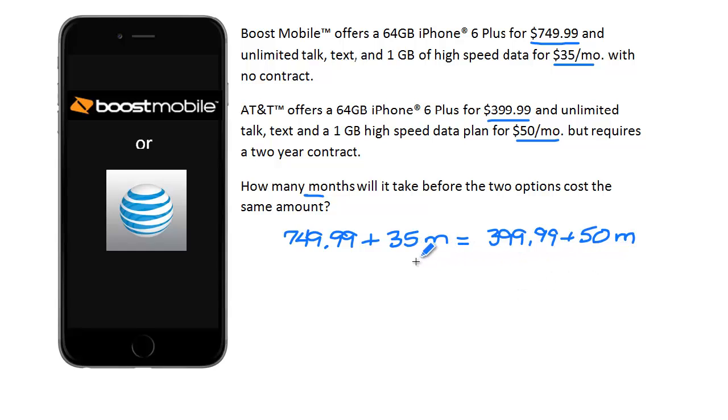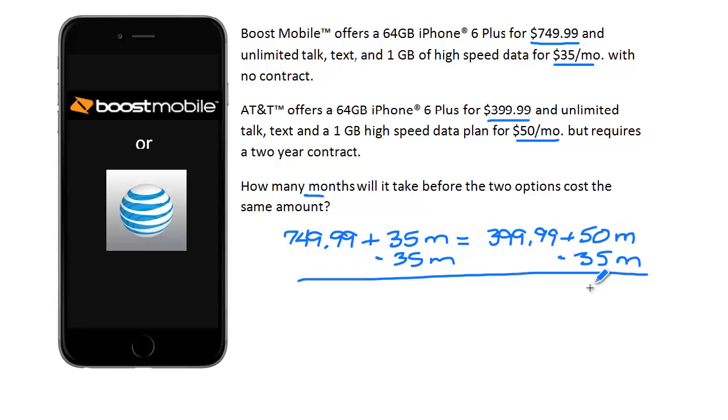The goal is to bring the variables to one side of the equation and the constants to the other side of the equation. And I prefer not to work with negative numbers, so I'm going to bring my 35m to the right-hand side of the equation by subtracting it from both sides. If you feel confident enough to subtract the $399.99 to bring it to the other side of the equation in the same step, that's perfectly fine.